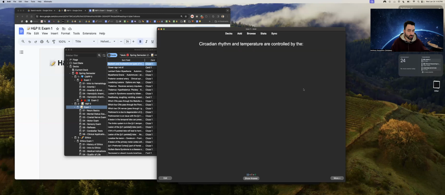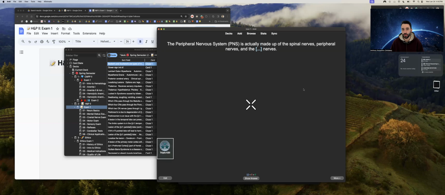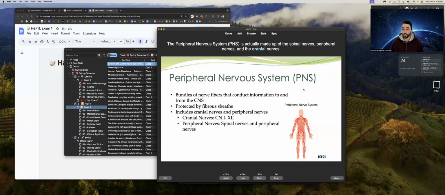Circadian rhythm and temperature are controlled by the... Can I just talk about temperature? Is this not hypothalamus? It is. Parietal lobe equals primary sensory cortex. Yeah, okay. Cranial nerves 9 through 12 pass through the medulla. Okay, so 9 through 12, medulla. Peripheral nervous system is actually made up of the spinal nerves, peripheral nerves, and I think cranial nerves. Yeah, not CNS. They're PNS there.